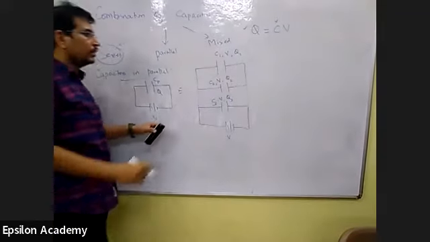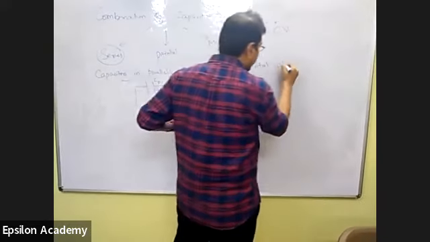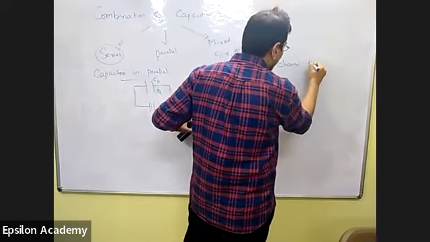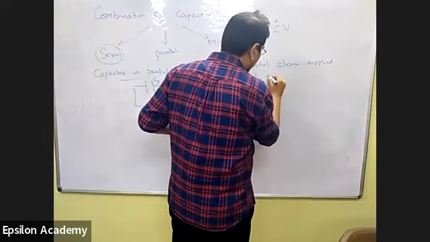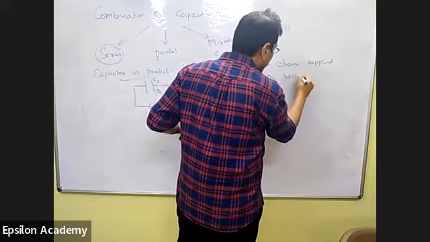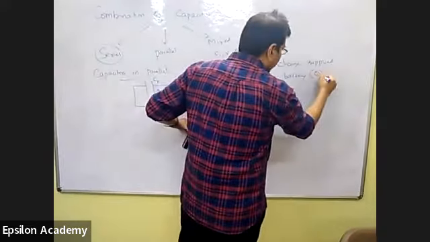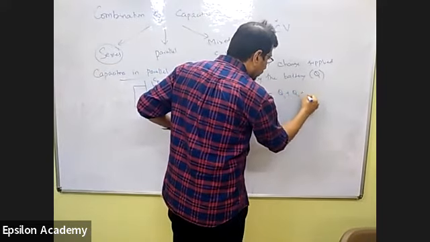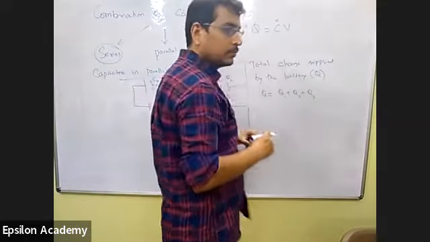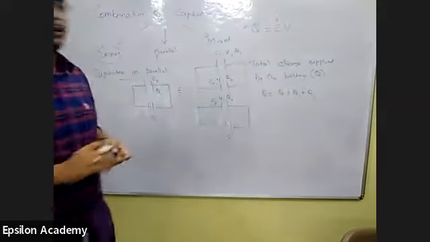Such that the total charge supplied by the battery, if I call it as Q, then Q will be equal to Q1 plus Q2 plus Q3. So what is the value of Q, guys?